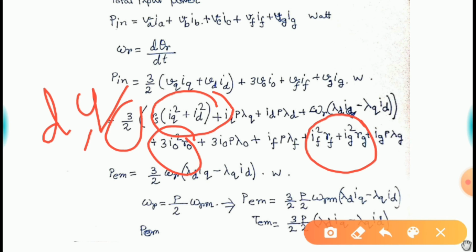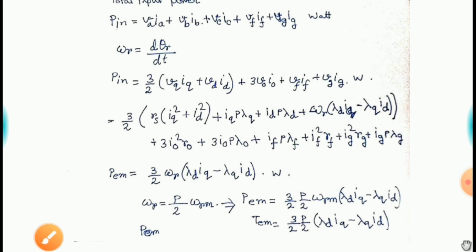Why? The obvious answer is that IF square RF and IG square RG cannot contribute to this input power.